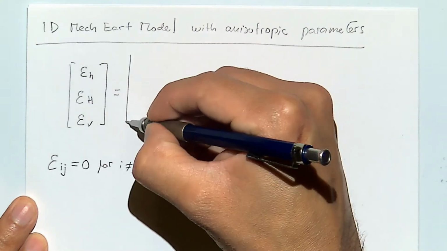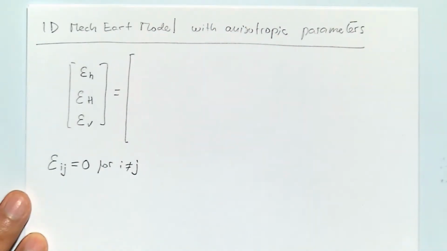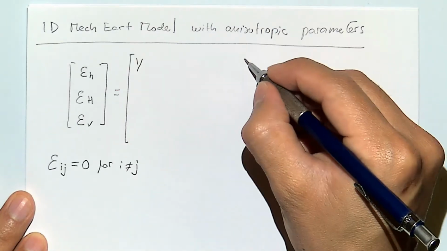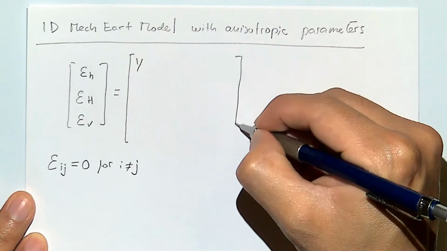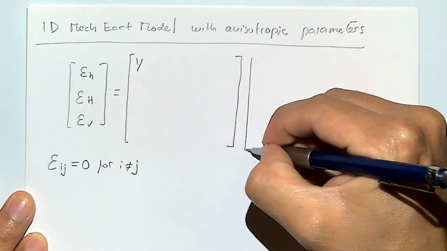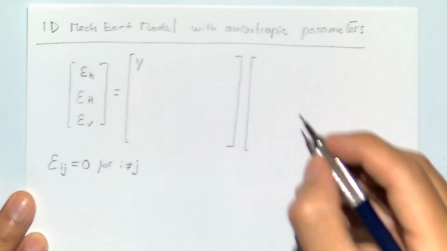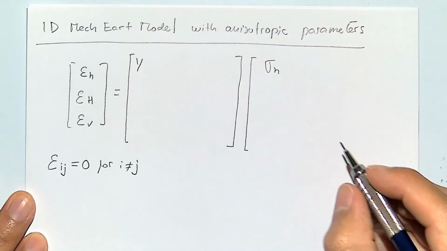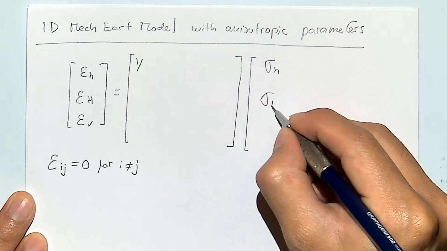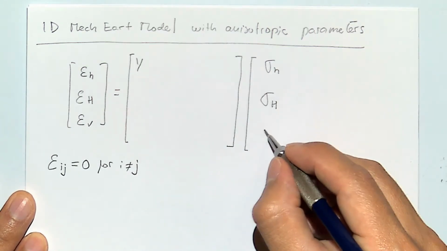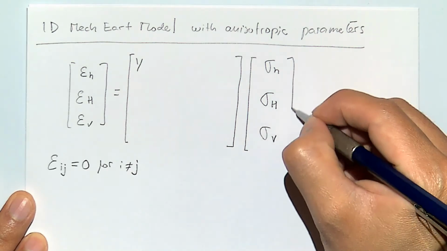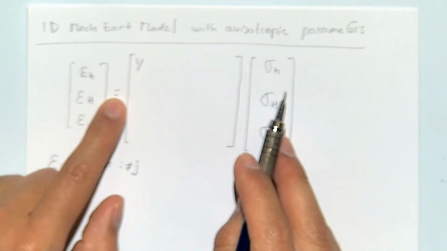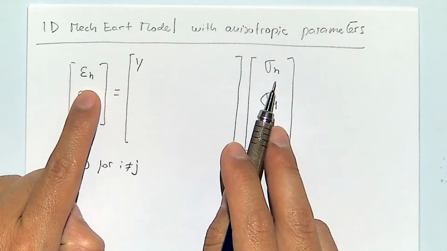So if I just care about the linear strains, then this matrix is going to look like this. Let's try to write it together. You will see it's not too difficult. And here I'm going to put sigma h, capital sigma H, and sigma v. Okay. Which MEM modulus relates horizontal strains to horizontal stresses?